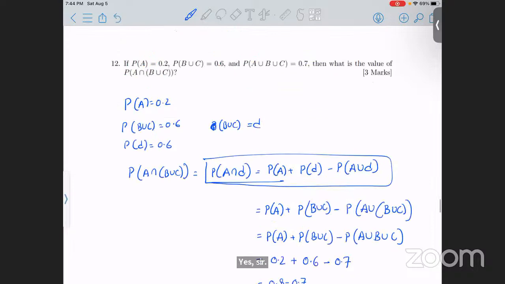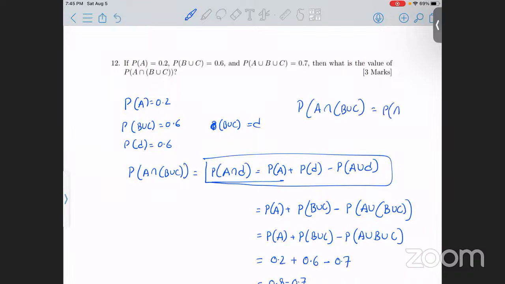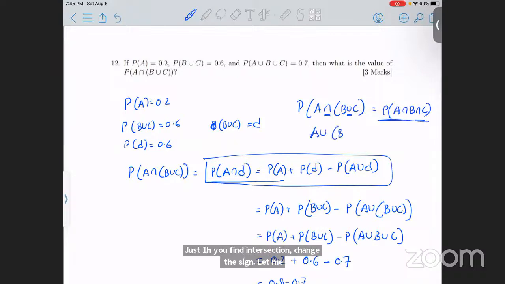Any doubts regarding this? No, sir. Now tell me, P of A intersection B union C can be written as P of A intersection B intersection C. Agree? Just whenever you find intersection, change the middle sign. Whenever you find the union, don't change the sign.